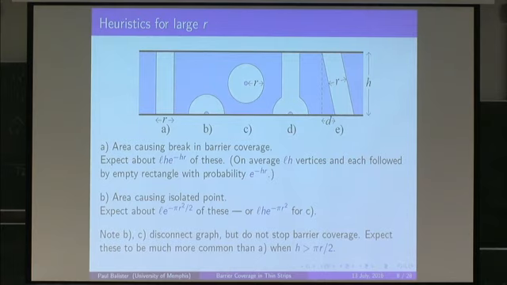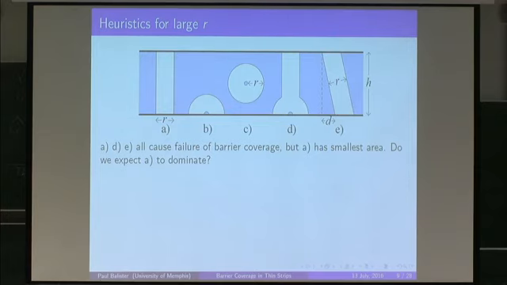I've also drawn D and E, so A, D, and E are all examples where the barrier coverage has failed. But which one has the smallest area? Well, it's A. And one can prove that the smallest obstruction is just a simple rectangle.